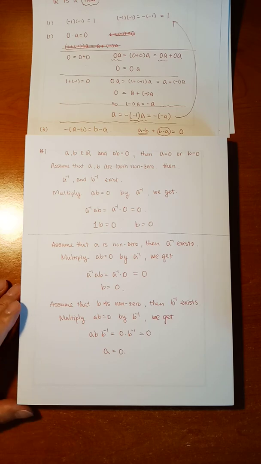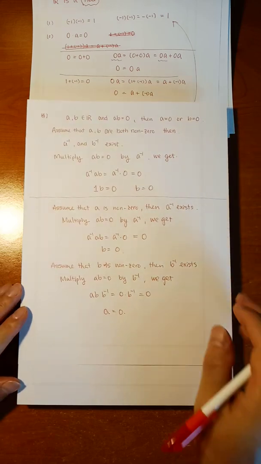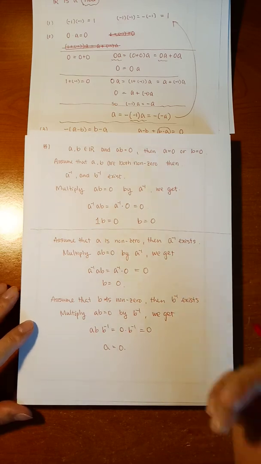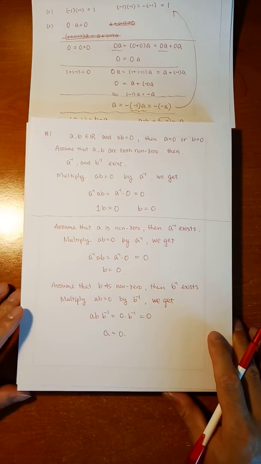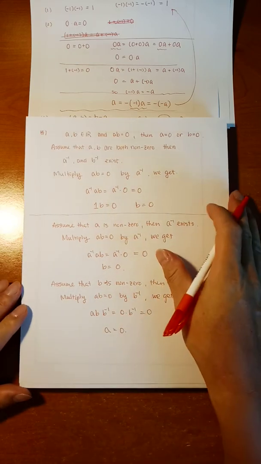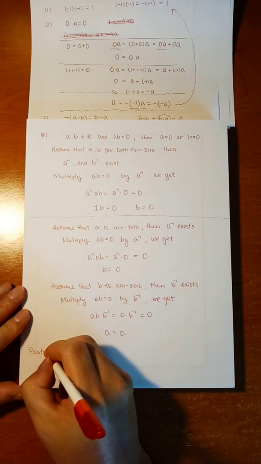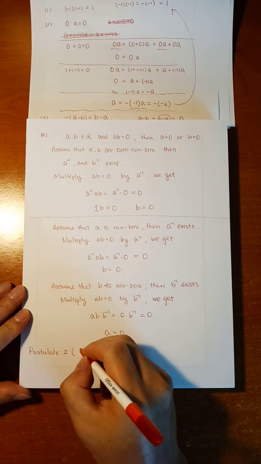Okay, the second postulate. For the numbers, we have two operations, addition and multiplication. We also have orders, which number is bigger, which number is smaller. So the order postulate. Order axiom.